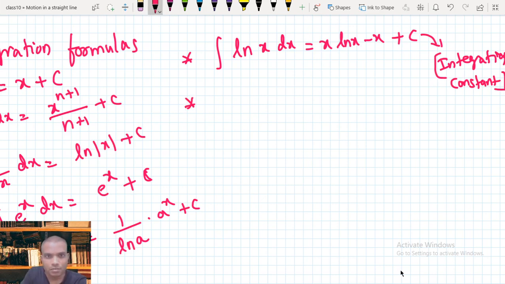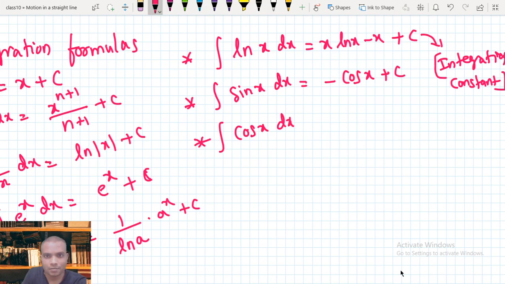Now let's write some trig functions. Integral sine x dx equals minus cos x plus c, and integral cos x dx equals sine x plus c.